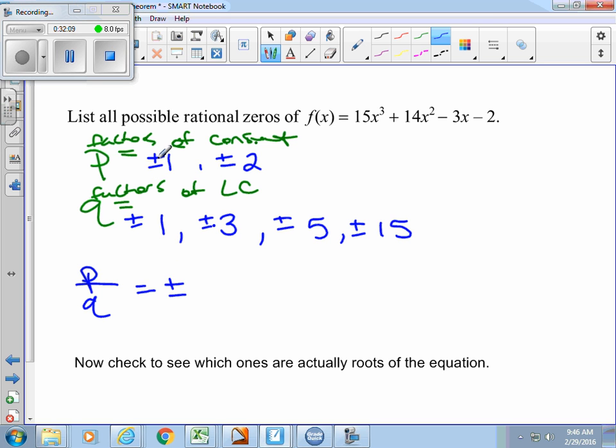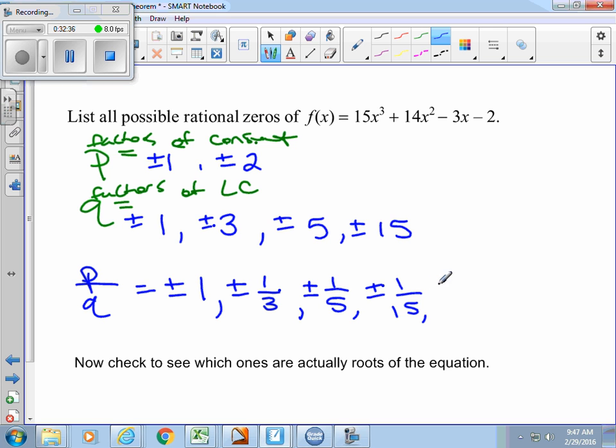So I'm going to do P over Q, 1 over 1. What is 1 divided by 1? 1. Then I'm going to do 1 divided by 3. And then 1 divided by 5. And then 1 divided by 15. Could this list get very, very long?